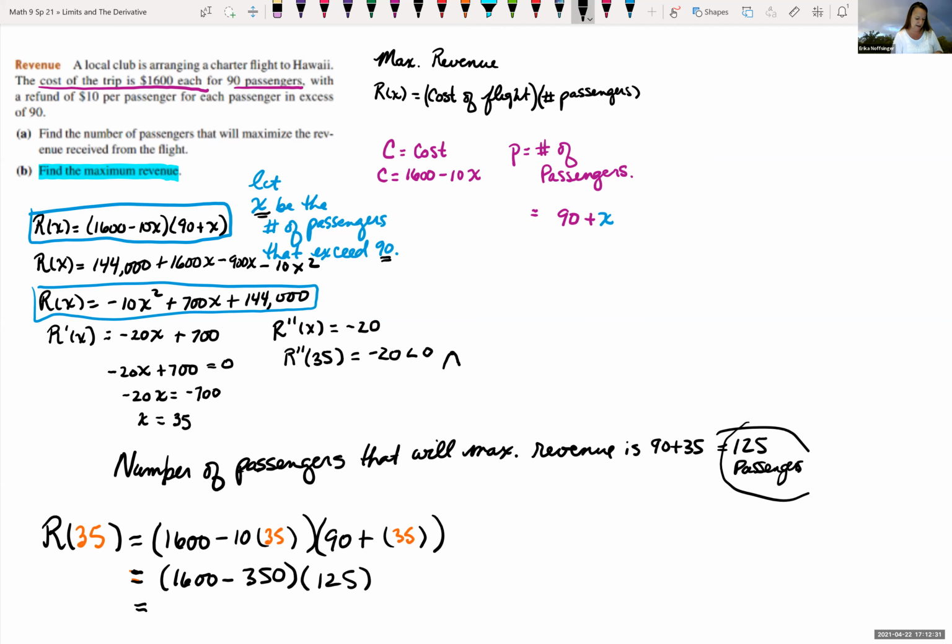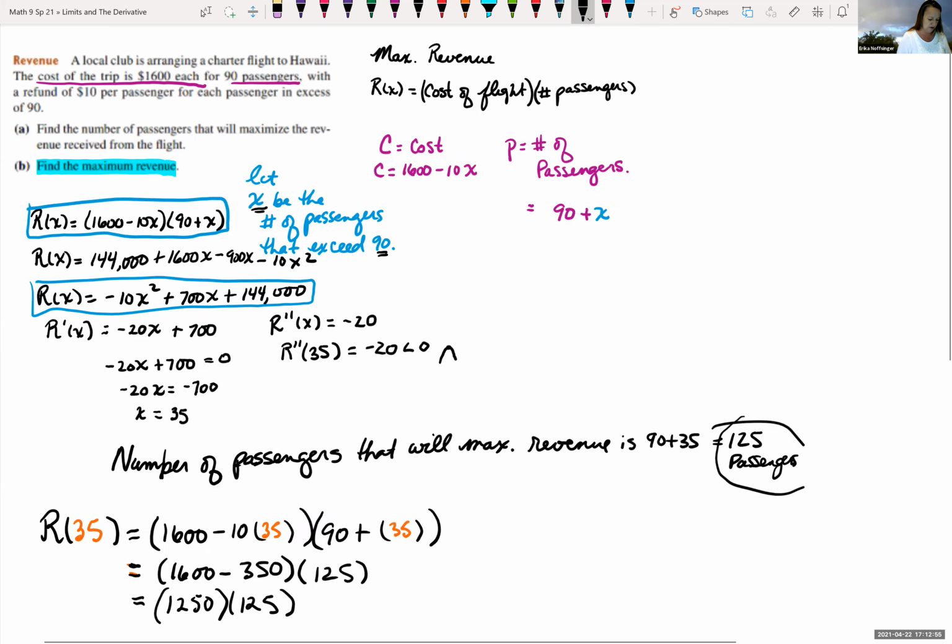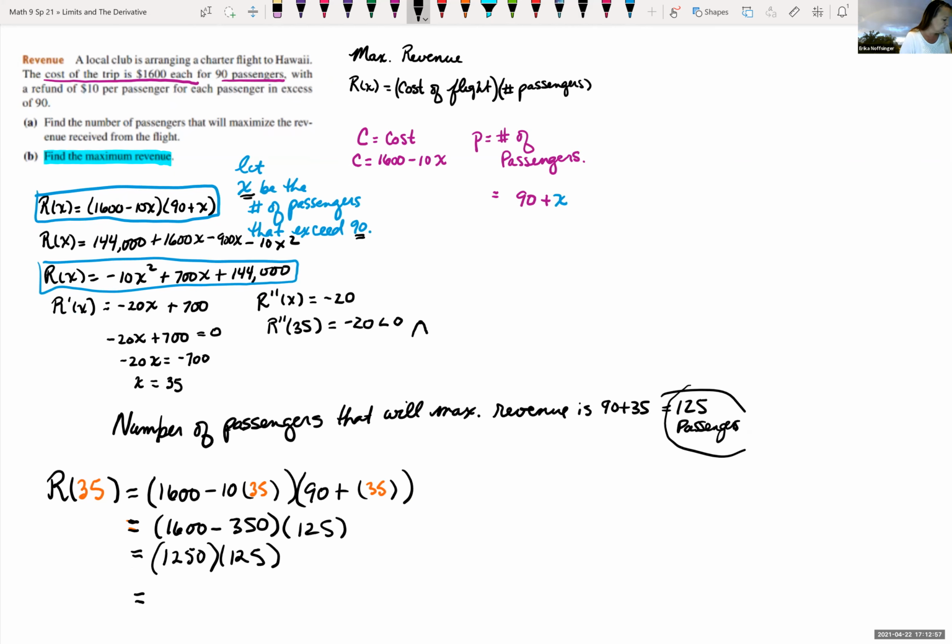So the cost is 1,600 minus 350, which gives us 1,250 for the cost of the flight, times the 125 passengers. And so this is equal to $156,250.